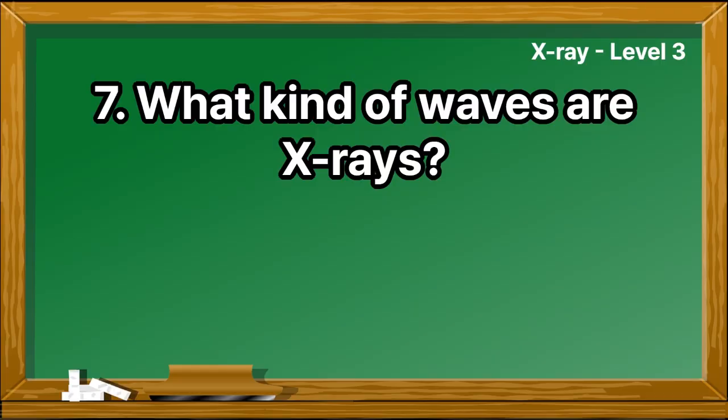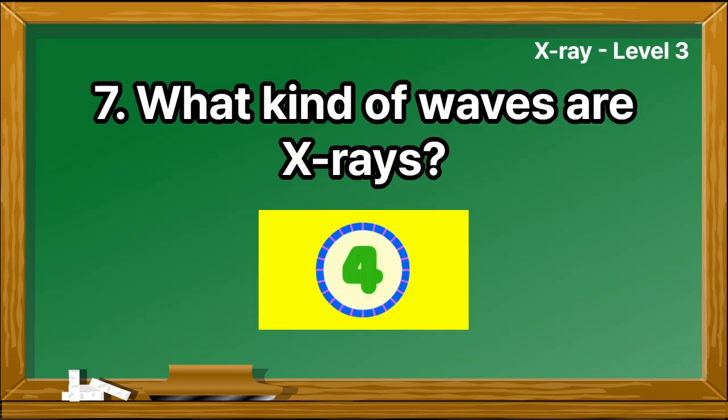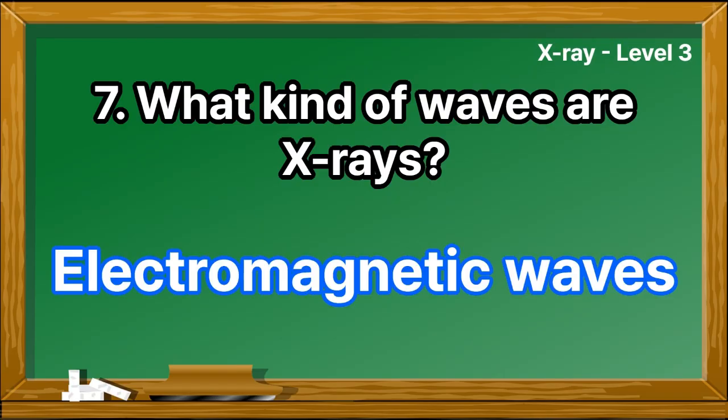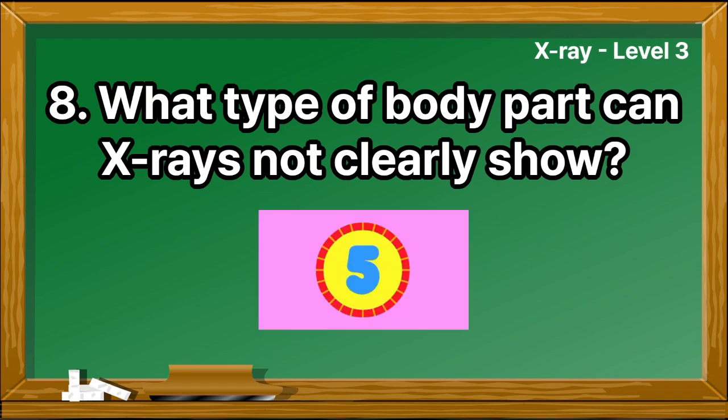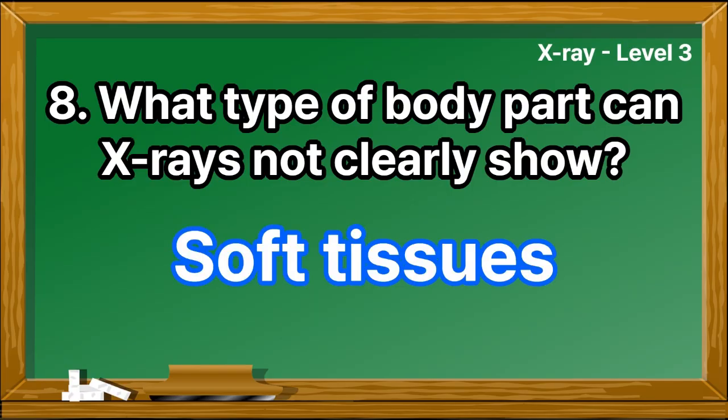What kind of waves are X-rays? Electromagnetic waves. What type of body part can X-rays not clearly show? Soft tissues.